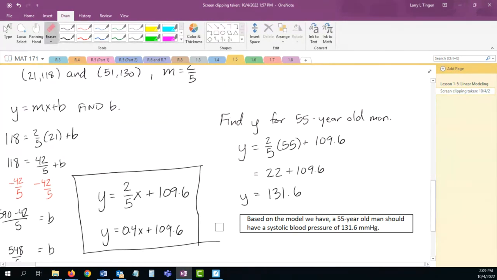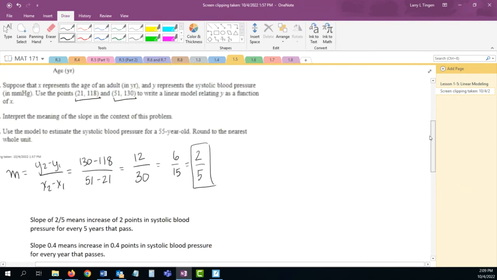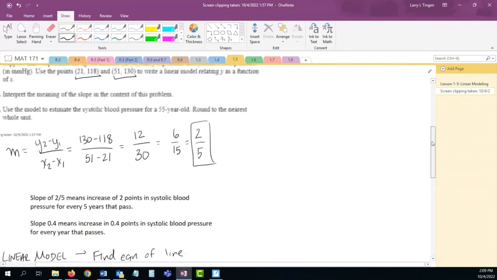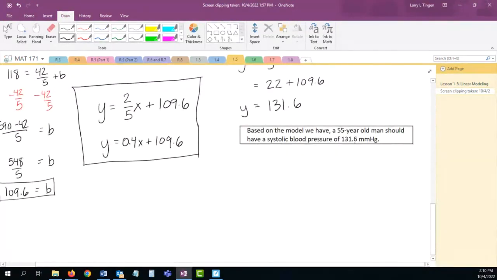So, speeding up the process, that is a good question, but part C says to round to the nearest whole unit. That's only in the example of a 55-year-old man. So I would round y to 132 millimeters of mercury if I'm following the directions.